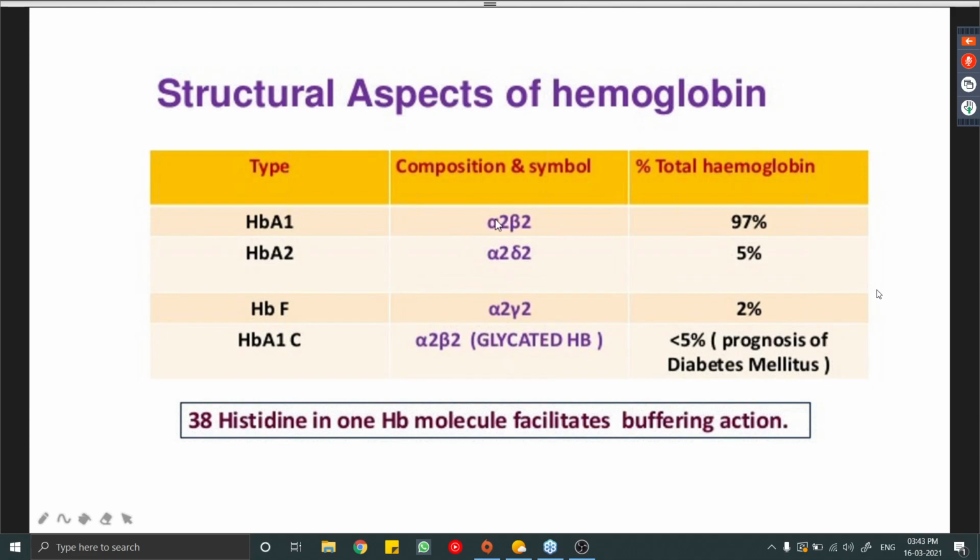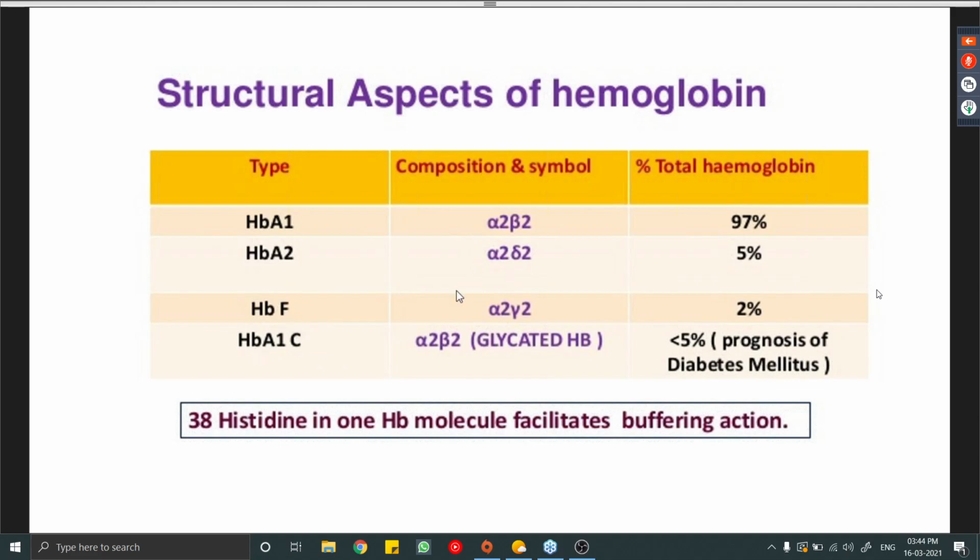HbA1 has two alpha subunits and two beta subunits, an alpha 1 beta 1 dimer and an alpha 2 beta 2 dimer, and it is present in the maximum percentage in adult hemoglobin. It is 97% of the total hemoglobin concentration, whereas HbA2 has two delta subunits instead of two beta subunits, and it is 5% in normal blood. HbF is the fetal hemoglobin.